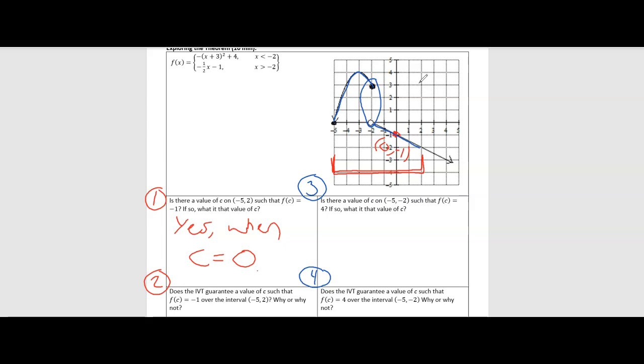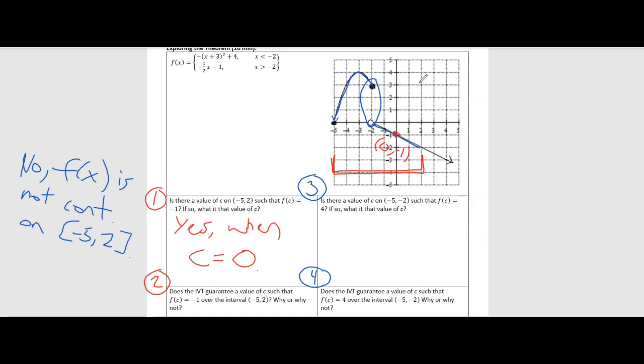So because the function is not continuous, the IVT cannot be used. So no, f of x is not continuous on the closed interval -5 to 2. And you don't have to go any further.